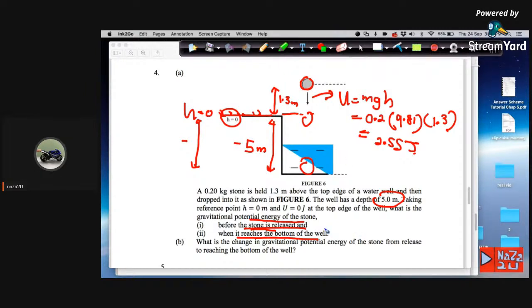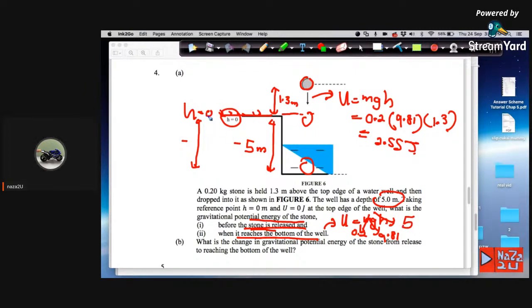So dia nak kira berapakah dia punya gravitational potential U yang kedua ni, reach the bottom of the well, is still we have mgh. So the mass here is 0.2 kilogram, and the G is 9.81, and the h here is 5.